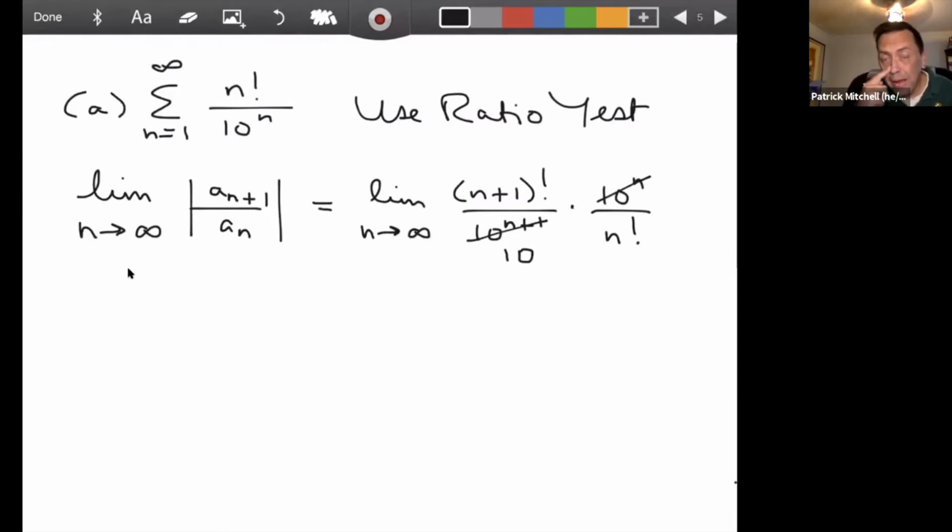Now let's talk about n plus 1 factorial over n factorial, because this is a trick that you definitely need to know when it comes to factorials. N plus 1 factorial is equal to n plus 1 times n times n minus 1 times n minus 2 times every smaller number until you get to 1. In other words, n plus 1 factorial is just n plus 1 times n factorial.